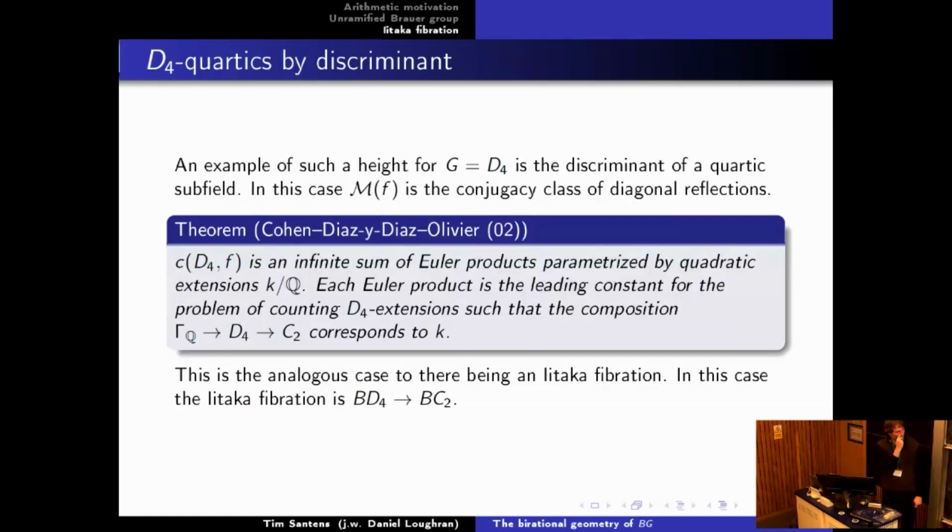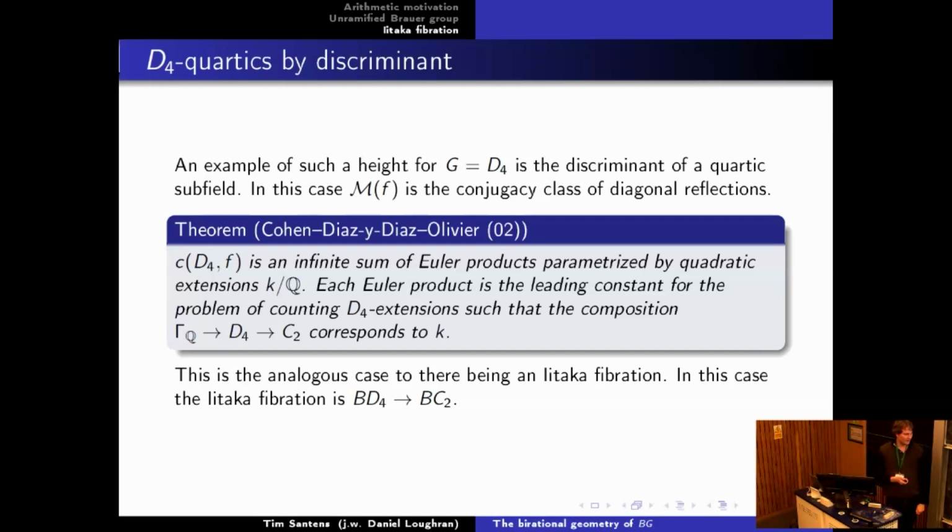They find that the leading constant is an infinite sum of Euler products, and the terms in your infinite sum are parameterized by quadratic extensions K of Q. Where does the quadratic extension come from? You look at the map from D4 to C2 and compose with it, so every D4 extension gives a quadratic extension. Each Euler product corresponds to only counting those extensions such that this composition equals K. So this seems to be some kind of Ithaka fibration.